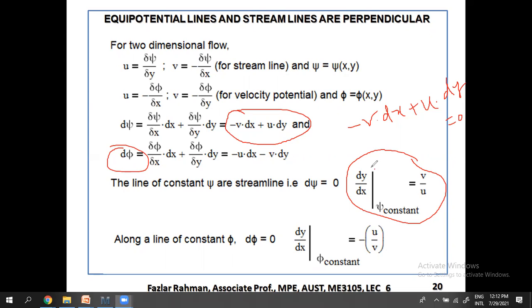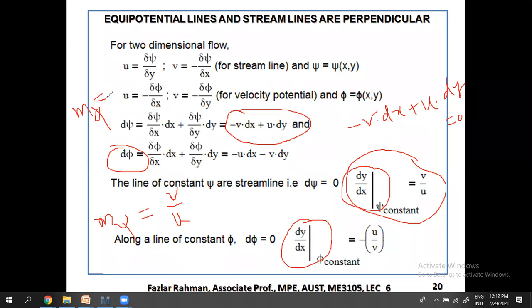Now, what is dy by dx? Dy by dx is actually the slope of the line. So if I say this is m psi, you are getting v by u. And m phi, the slope of the phi line, we are getting minus u by v.